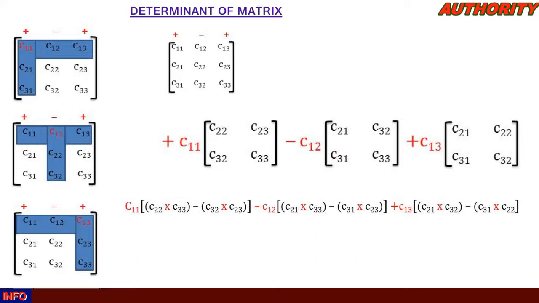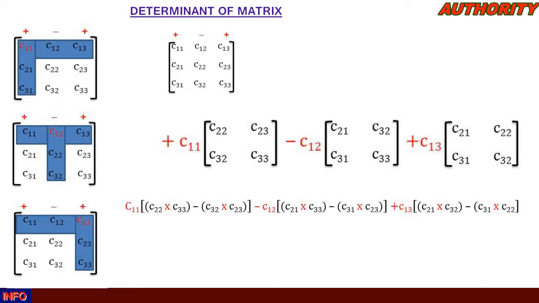Okay, now let's take for instance. When we talked about the rule of Sarrus, we gave an example, right? Now let's use the first principle method on that same example to see if it's going to give us the same determinant.